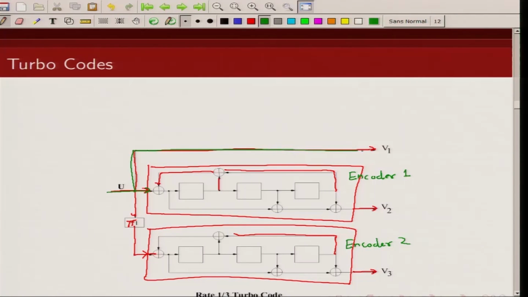So, the same information is coming out directly as one of the outputs, and then the input to the second encoder is interleaved. Now, interleaving is nothing but, as I said, reordering of the bits. The reordered bits are coming to the second encoder, which will then generate a set of parity bits. So, this is the structure of a parallel concatenated code. In this particular example, we are using convolutional encoders as constituent encoders.